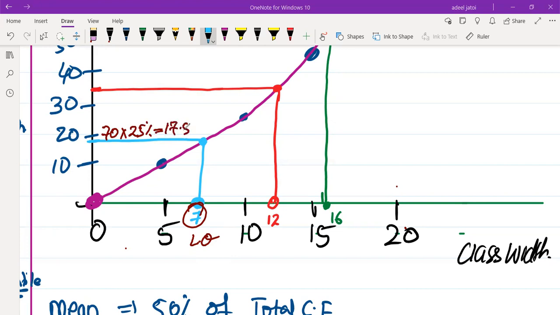We got 17.5. We make sure that 17.5 is here. We extended the line to the cumulative frequency curve and dropped down. The answer of this is the lower quartile, which in this graph is 7.